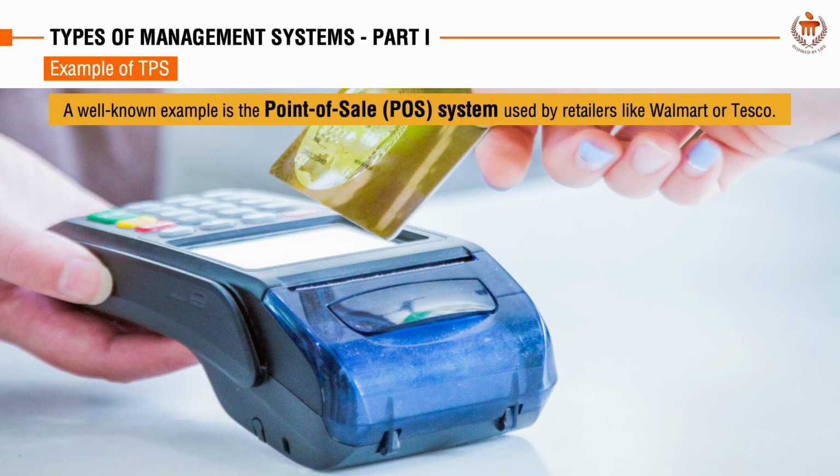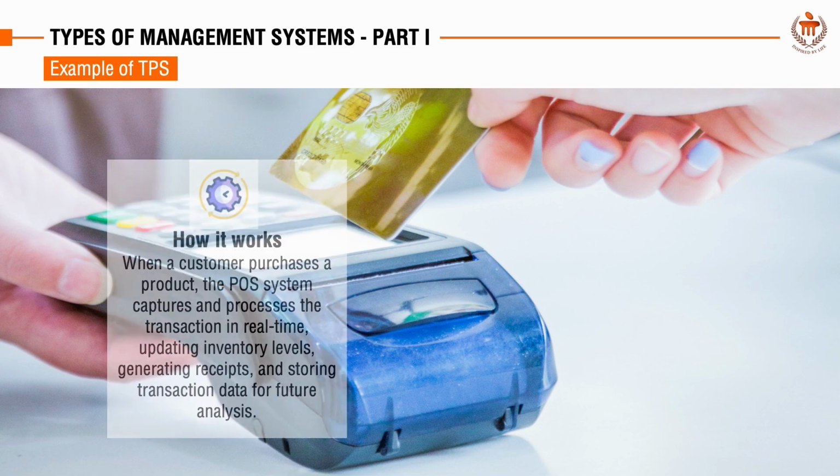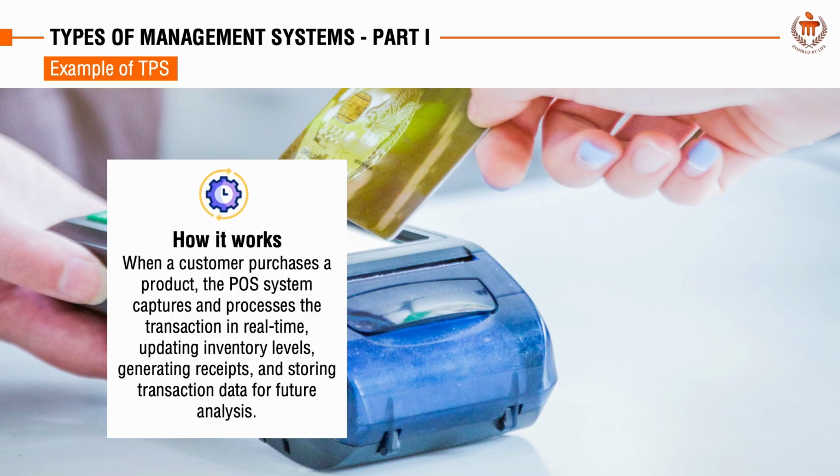A well-known example is the point-of-sale system used by retailers like Walmart or Tesco. How it works: when a customer purchases a product, the point-of-sale system captures and processes the transaction in real time, updating inventory levels, generating receipts, and storing transaction data for future analysis.